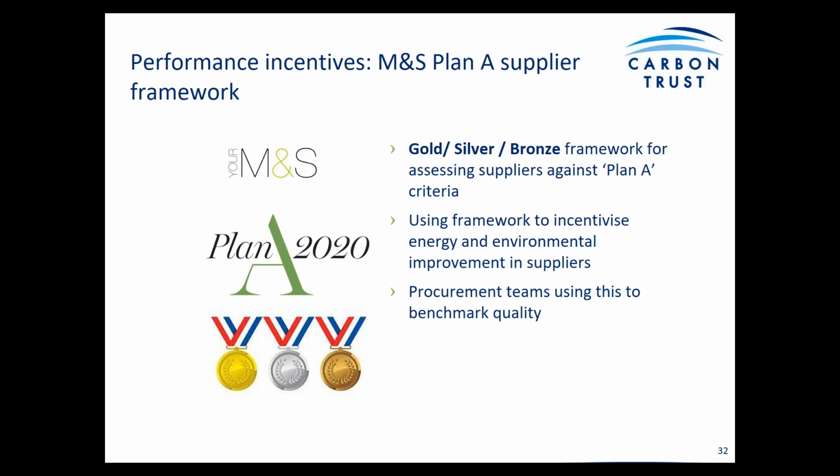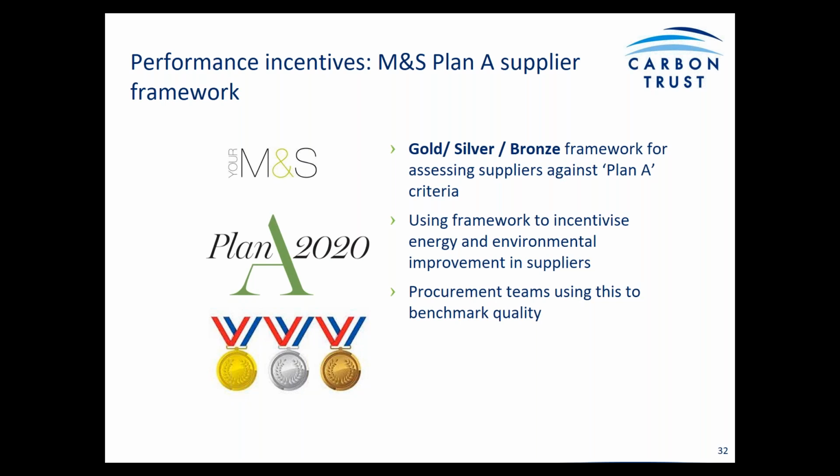The objective of these scorecards is to incentivize and to support at the same time their suppliers to invest in efficiency within their own operations and to set also a minimum acceptance standard of performance. Progressively the criteria get a bit stronger, and progressively M&S communicates to the different tiers of gold, silver, and bronze what their expectations are for them to move up the categories.